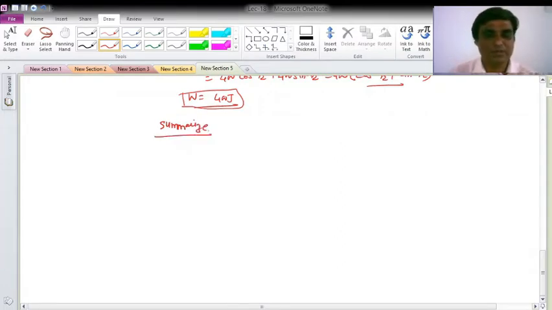So we know our second order equation is, let us take it for series RLC. So what were the roots, or first let us write the equation. For series RLC it was d2i by dt square plus R by L di by dt plus 1 over LC i of t, which is 0.